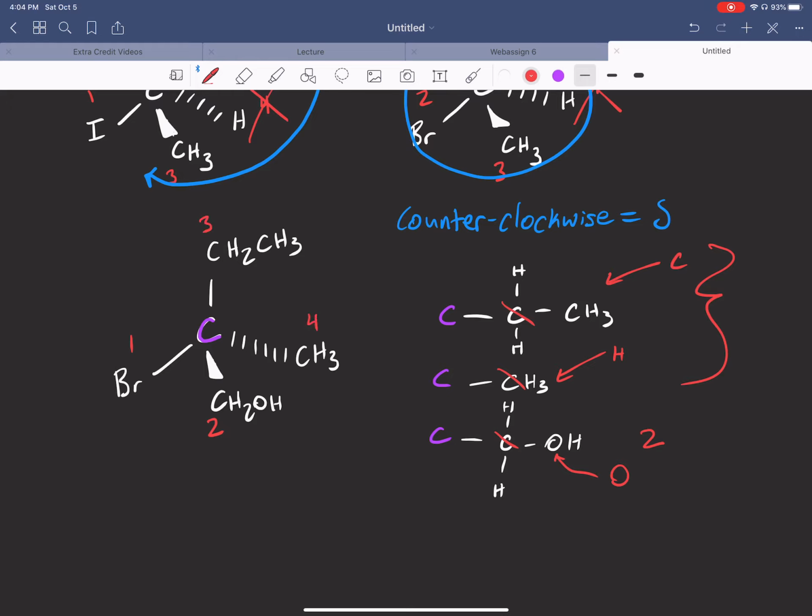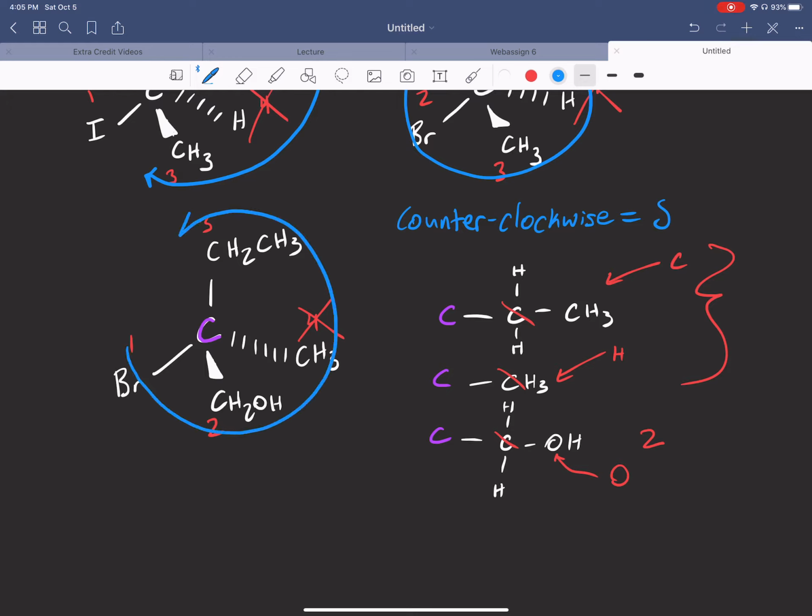So you can see in this case, our number 4, our lowest priority group, is not a hydrogen. Okay. And so just another example of why it may not always be a hydrogen. So the next step, R or S. Well, like I said, cross out the 4 and draw an arc starting from 1 to 3. 1, 2, 3.